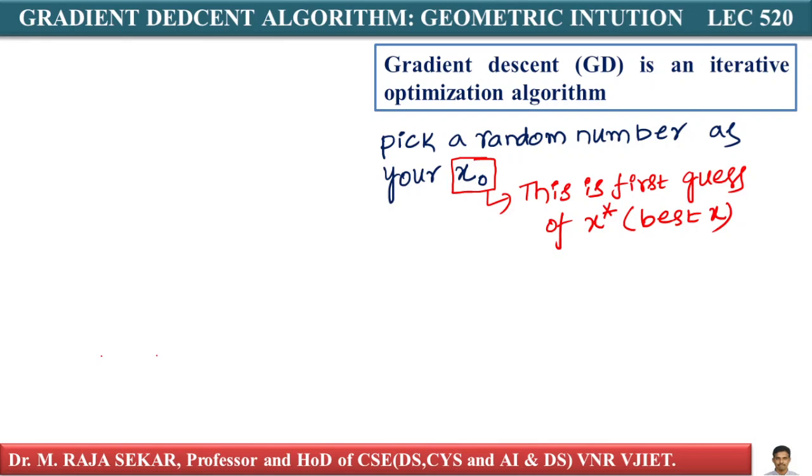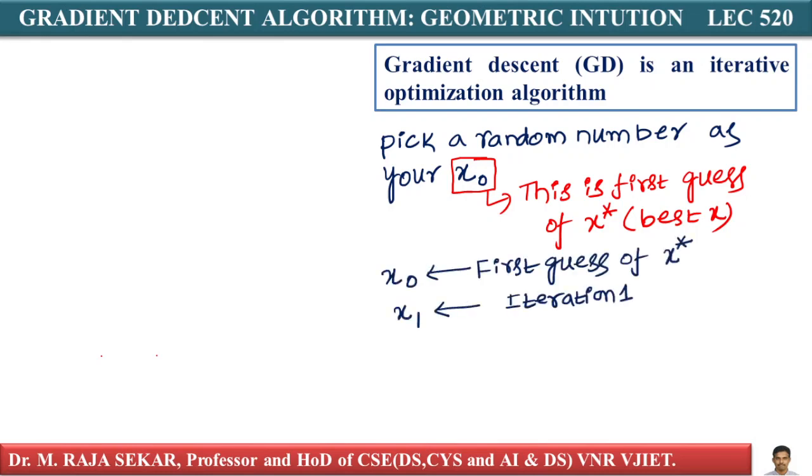The problem that we are trying to solve is like this. It gets a random value x naught, which is the first guess of x star. Then using the gradient descent algorithm, it will move to a new value x1, then it will go to x2.